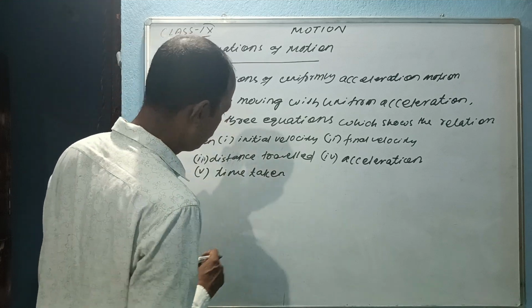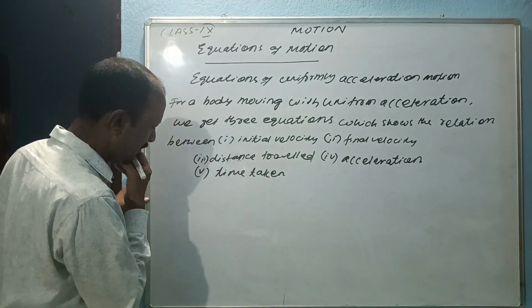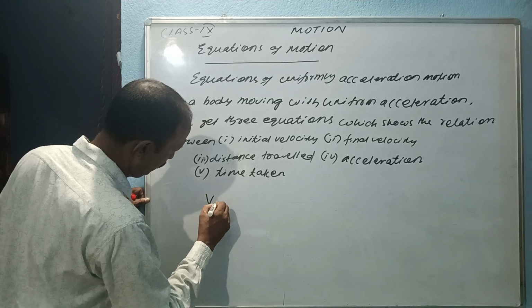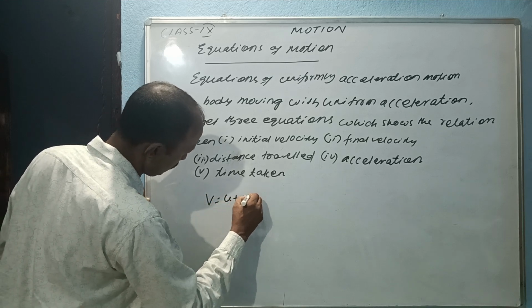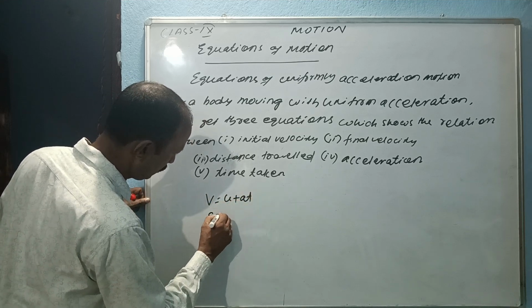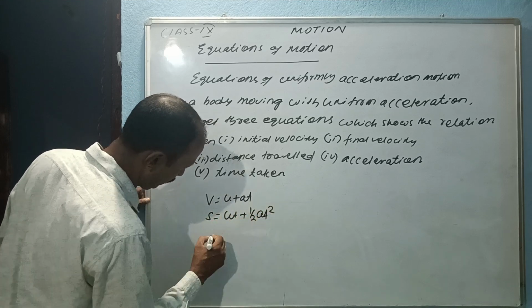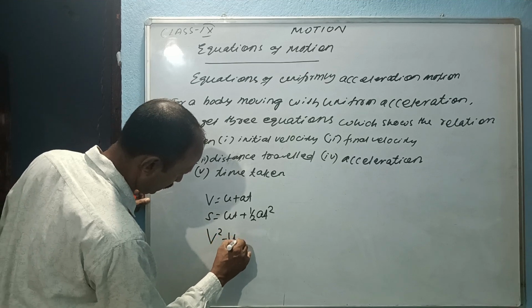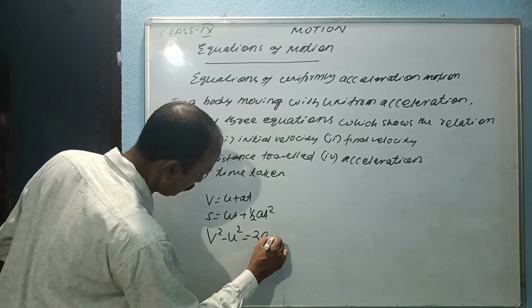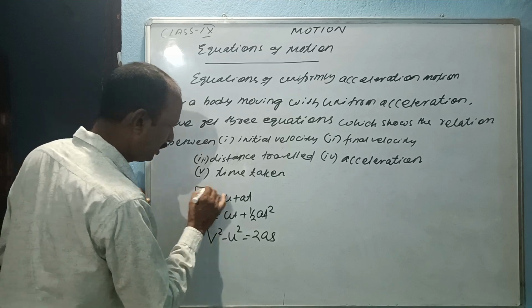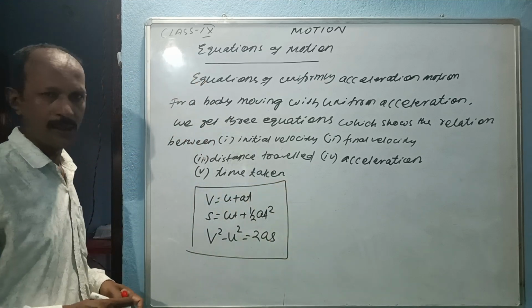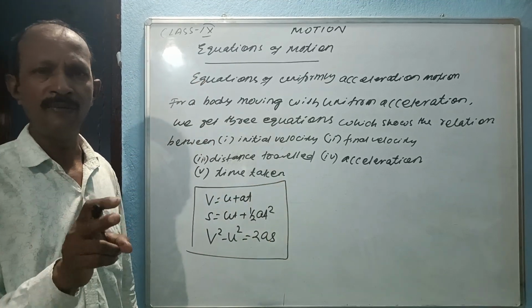So what are the three equations? The three equations are v = u + at, s = ut + 1/2 at², v² - u² = 2as. These three equations are called equations of motion.